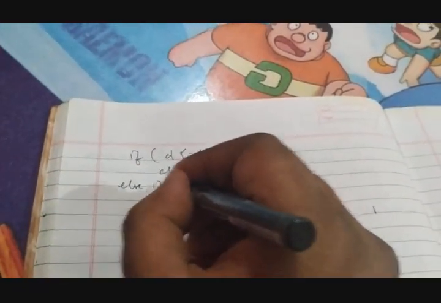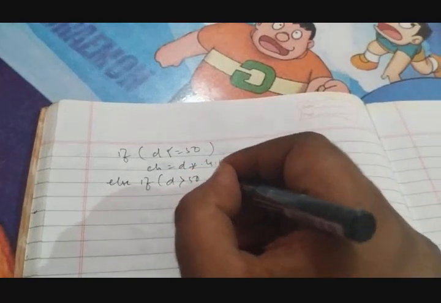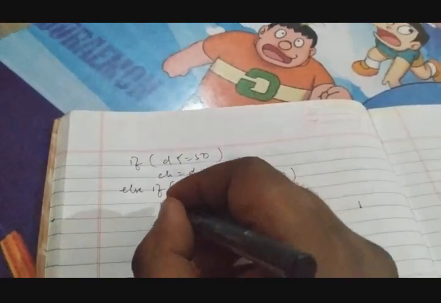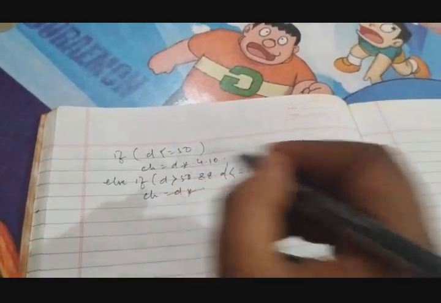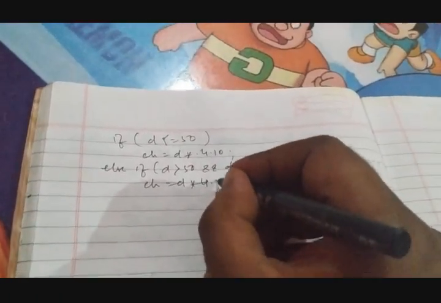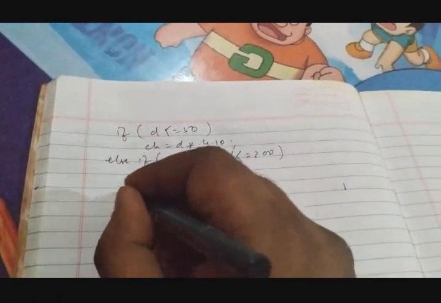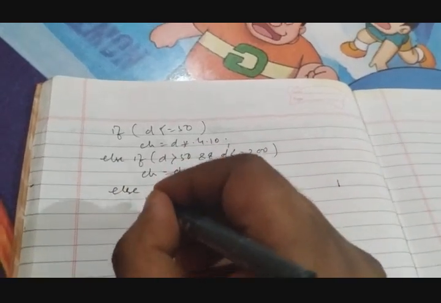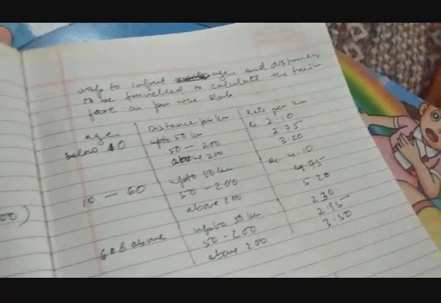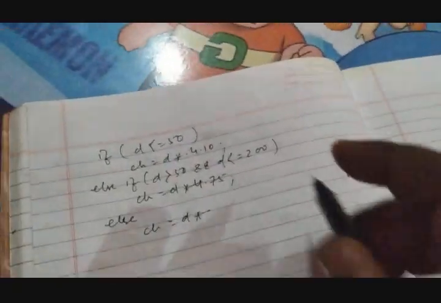Else if the distance is more than 50 and distance is up to 200, then charge equals distance into 4.75. Else charge equals distance into 5.20.